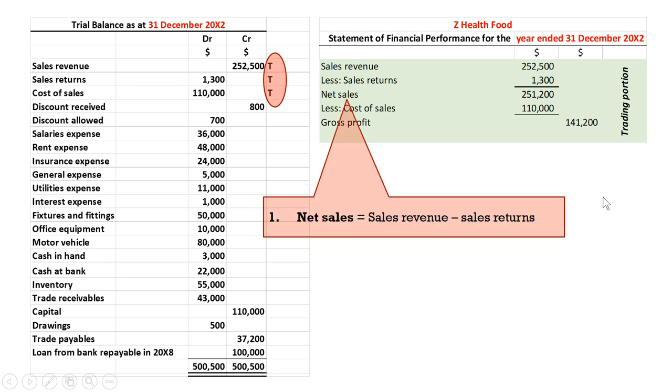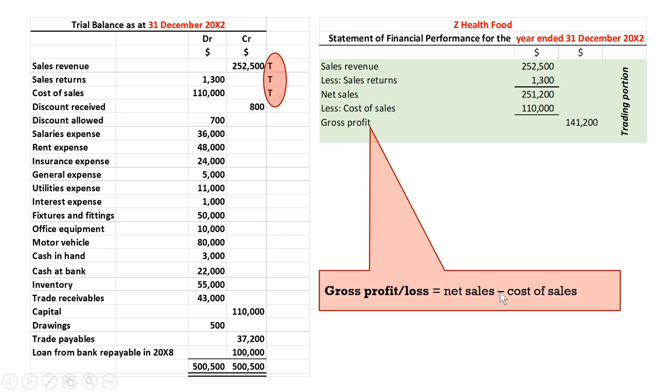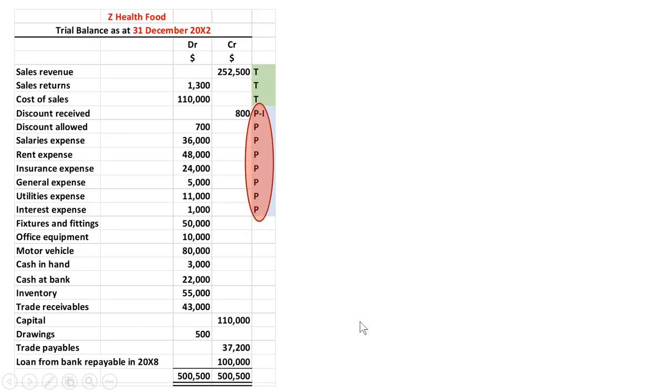So net sales is equal to the sales revenue minus the sales returns, and the gross profit equals net sales take away the cost of sales. Now we move on to the profit section. In the profit section, we identify the remaining items that go under it.